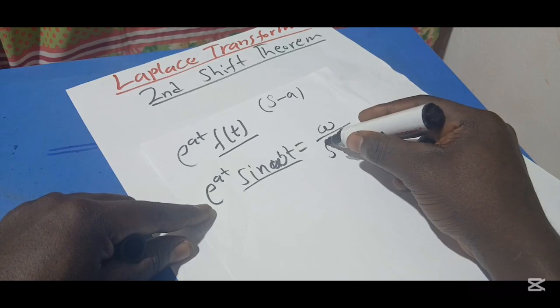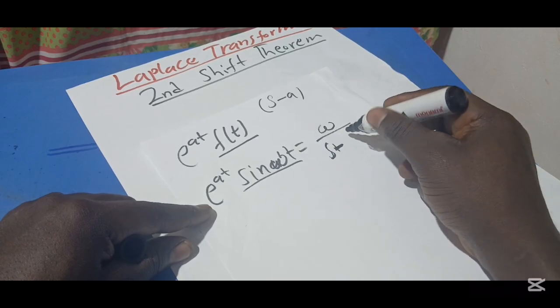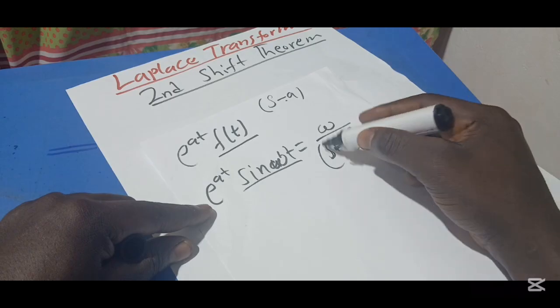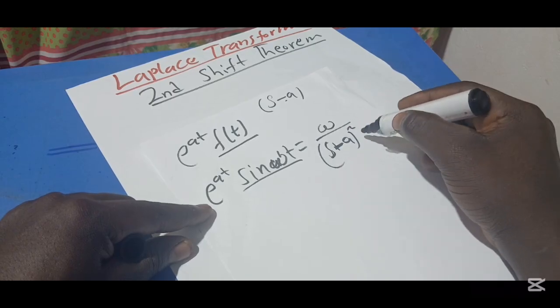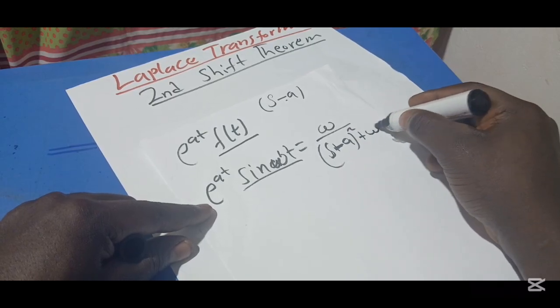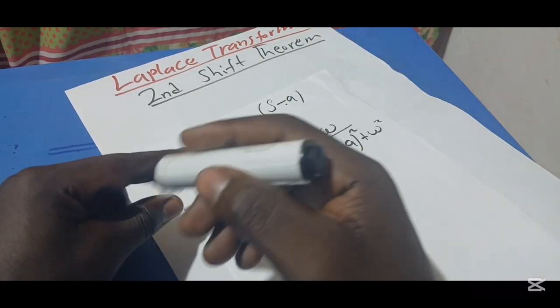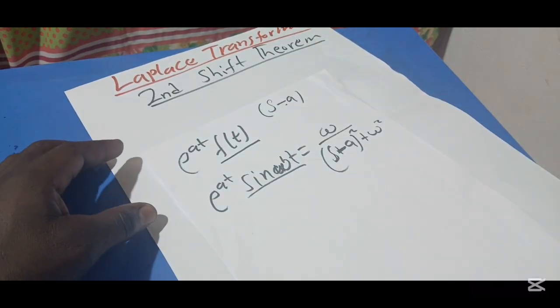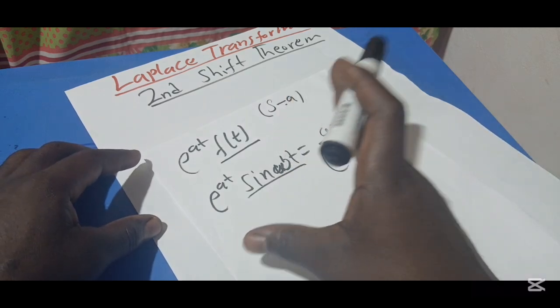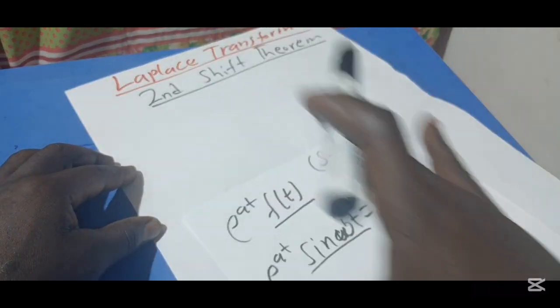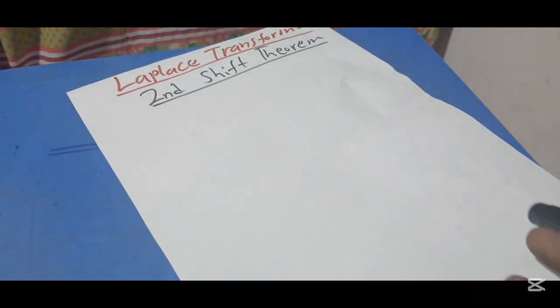So since we have s here, we replace s by s minus a, all squared, plus omega squared. So that is just a hint about the first shifting theorem. If you don't understand, let's just keep it for now and deal with the second shifting theorem.